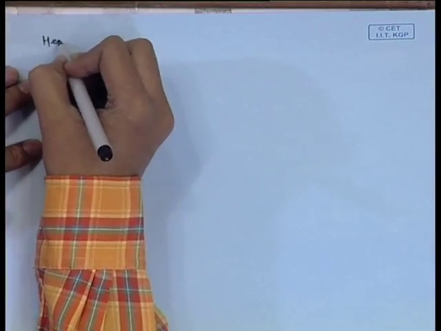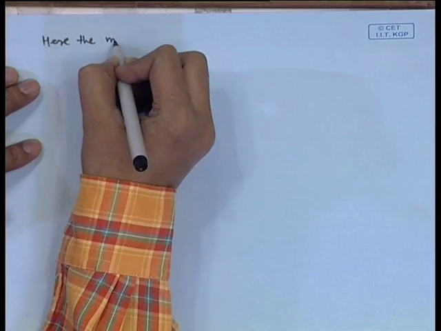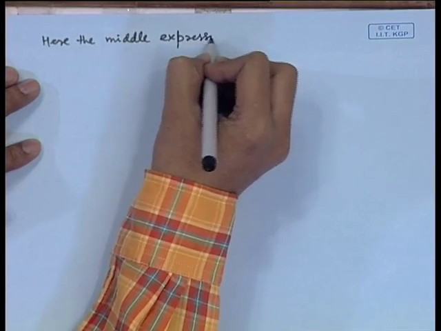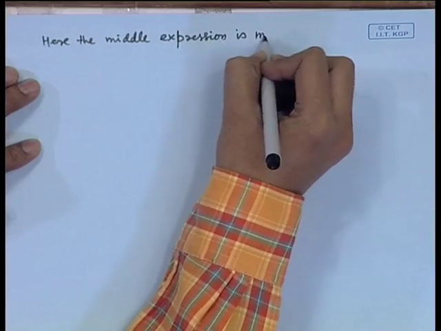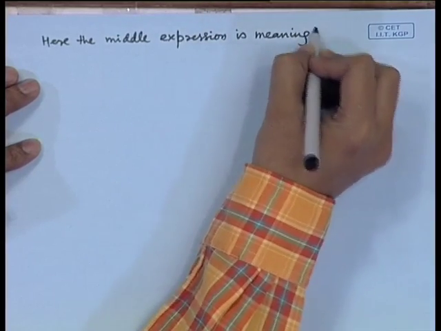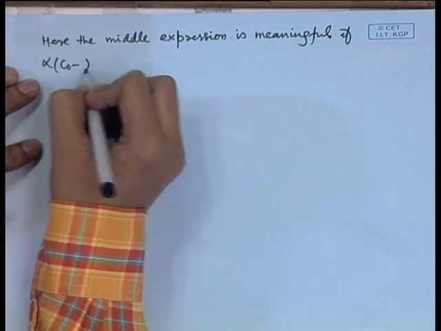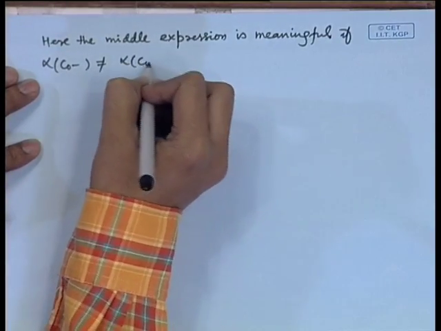Let me write that comment here. Here the middle expression is meaningful if alpha C naught minus is not equal to alpha C naught.